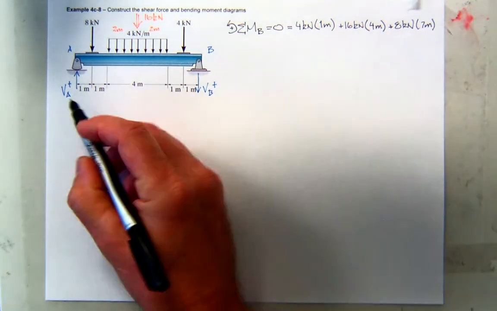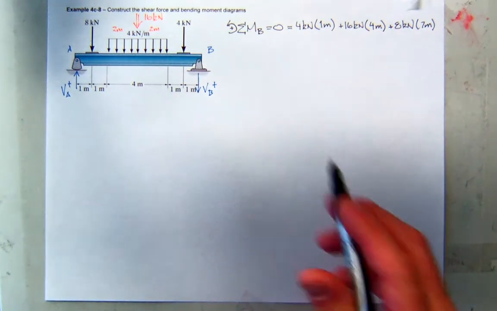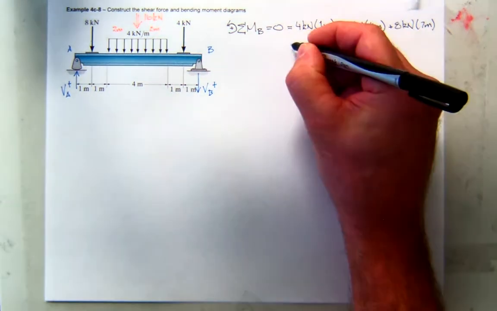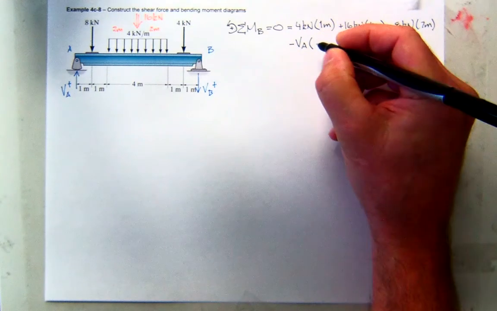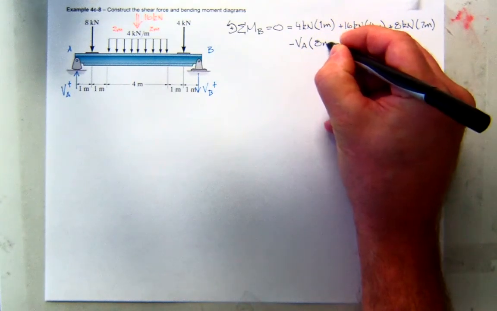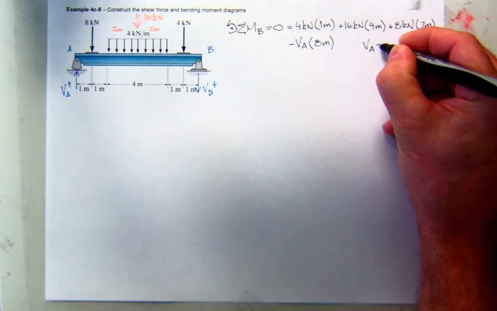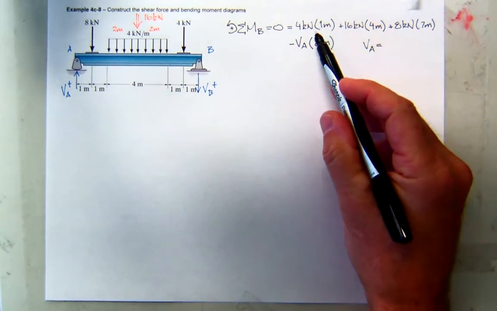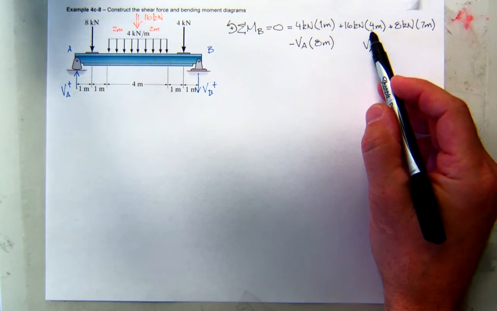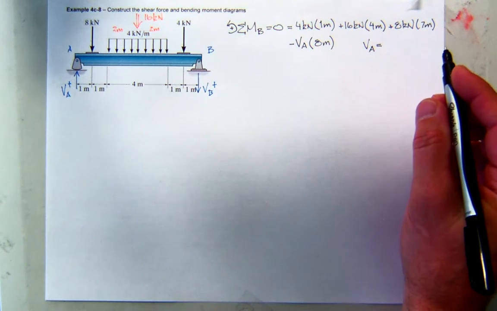And then finally we get over to the shear at A. And what kind of moment does that create about B? Positive or negative? Negative. So it'll be the shear at A times the total distance, which is 8. So what is the shear at A? Let's see. 11.5? 15.